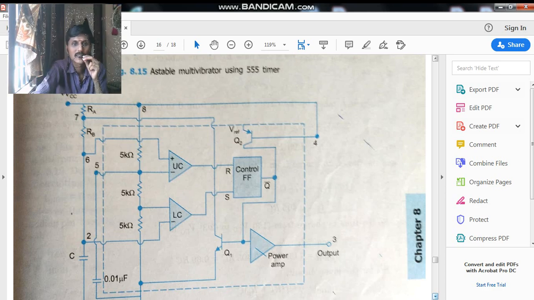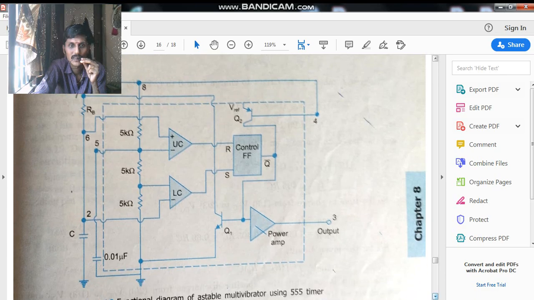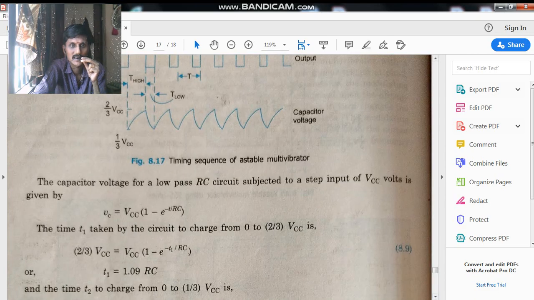In this diagram, you have seen 1/3 VCC and 2/3 VCC. The capacitor charges, and from 2/3 VCC to 1/3 VCC, the capacitor discharges.